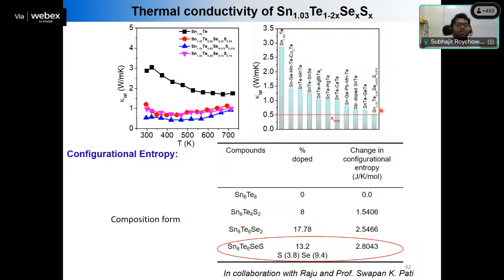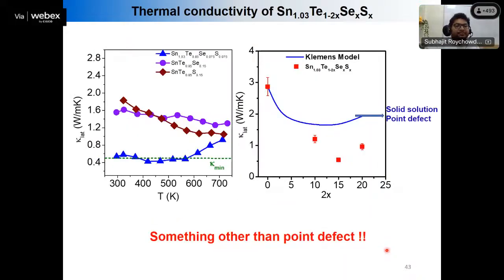And now we want to understand what is the reason for the minimum thermal conductivity. When you dope 2 or 3 elements in one crystallographic site, the configurational entropy might increase and it will decrease the thermal conductivity. To confirm that, we calculated the configurational entropy with the help of Professor Shaparpati's group, and we observed, yes, indeed it increased the configurational entropy in the system.